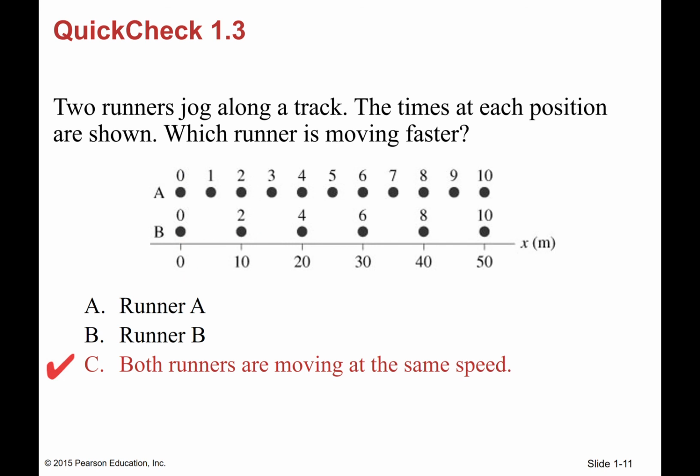But the distance per unit of time is what matters. This guy covers this much distance in 2 seconds, and this guy covers this much in 1 second, right? So the speed is the same, which is distance divided by time, and we're going to study that in more detail. So both runners are moving at the same speed.